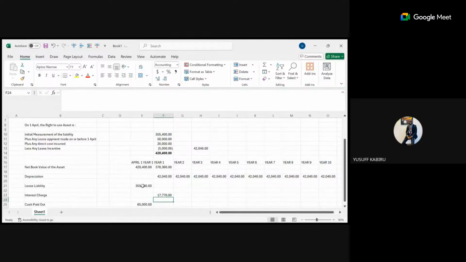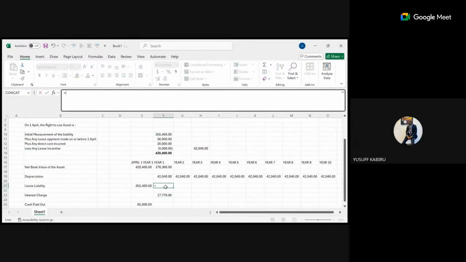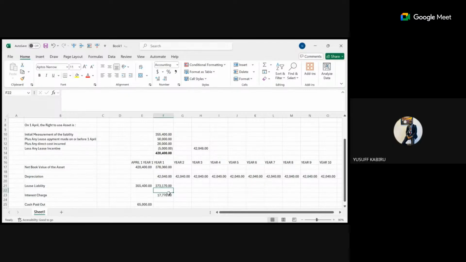So that's where we got this 17,770 from. Then you add it back to know the total lease liability you are still owing, because that's the total amount you are still going to pay.